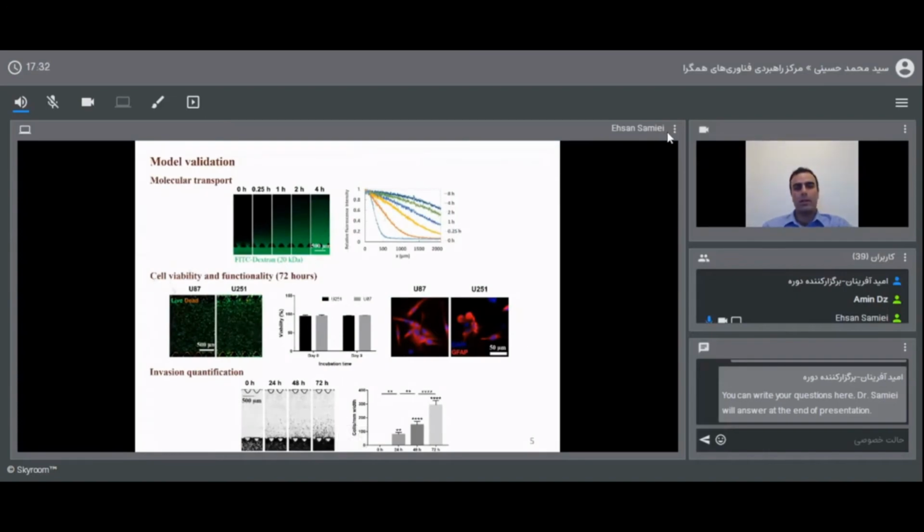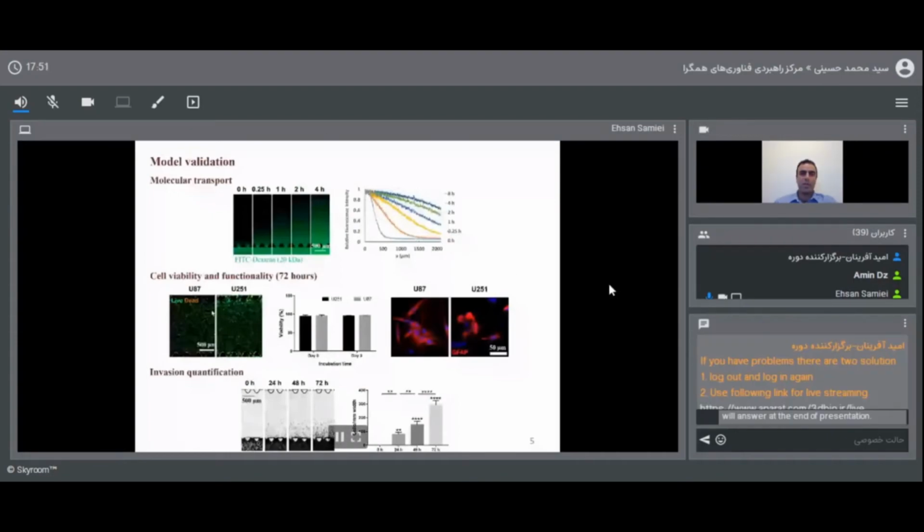Then the capability of the model in maintaining the cells viable and functional was tested, where U87 and U251, two main cell lines for glioblastoma, were cultured in the model for 72 hours. And as you can see in the graph and the image, more than 95% of the cells were viable after 3 days of culture.